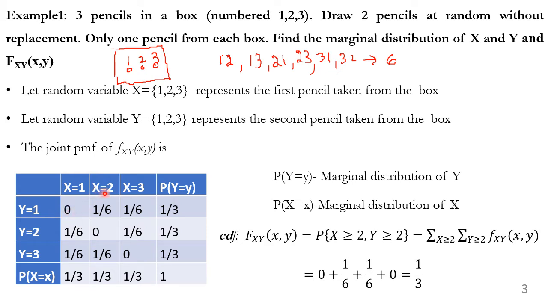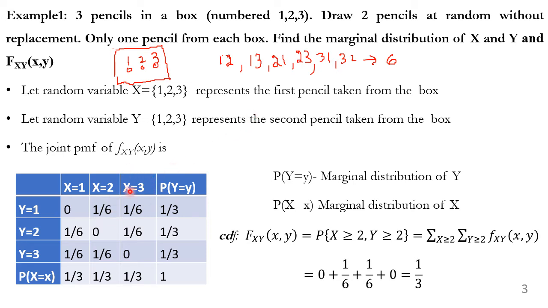If I draw the second pencil first time, then I can draw the first numbered pencil second time. So if you look at that, I have here 2, 1, only 1 has occurred. So therefore, probability is 1 divided by 6.